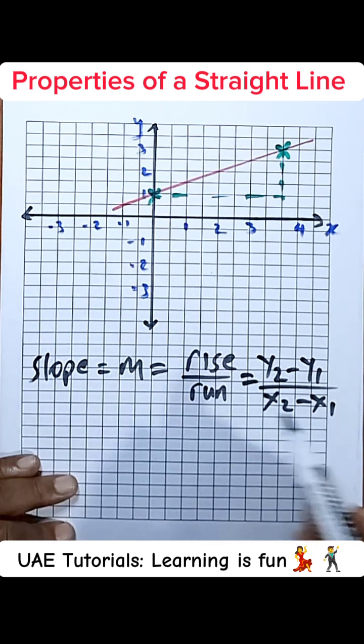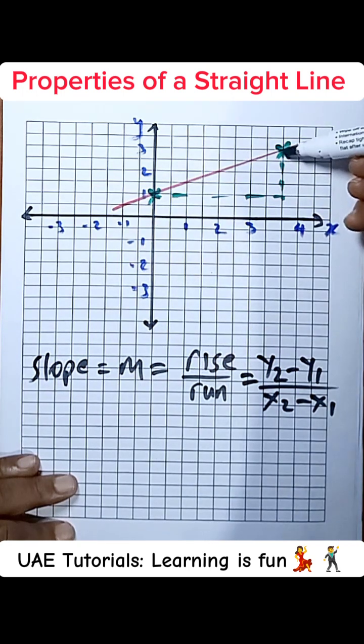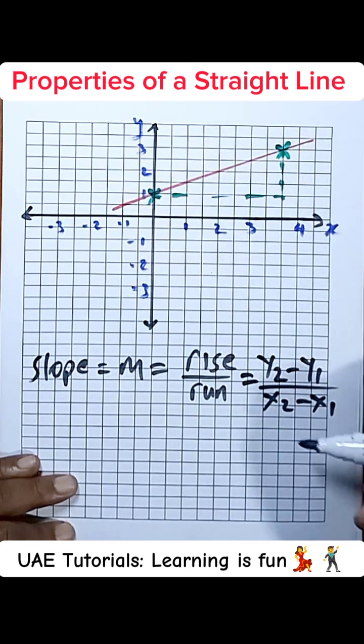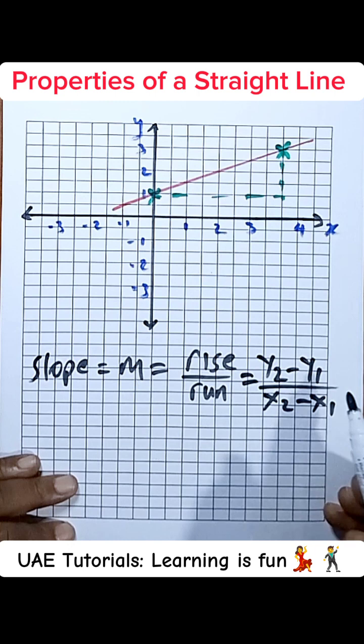So with that in mind, don't get confused. It's very, very easy. We are talking about the change in y. That means as you move up and down, that is the change in y. That is y2 minus y1.